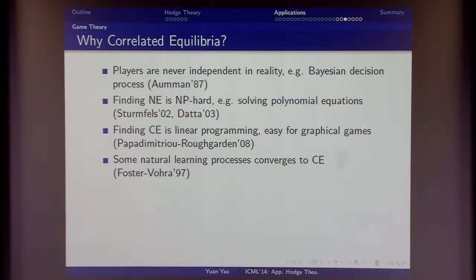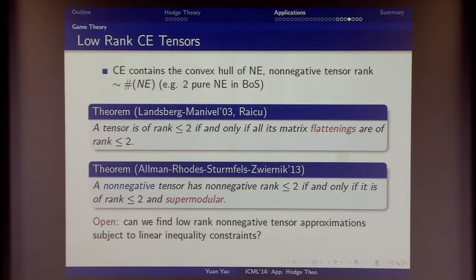You need to solve polynomial equations, but if you just look at a correlated equilibrium, finding a single correlated equilibrium is a linear program, relatively easy, especially for graphical games. And some natural learning processes may converge to correlated equilibrium, but not Nash equilibrium. So these kinds of reasons lead people to consider correlated equilibrium more than Nash equilibrium.